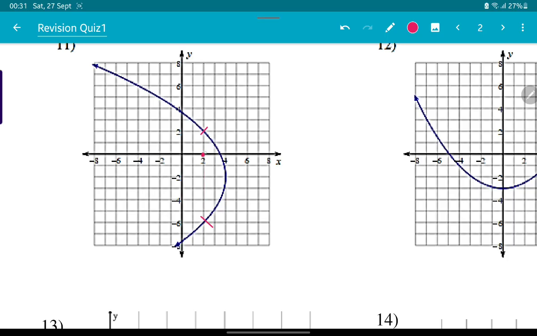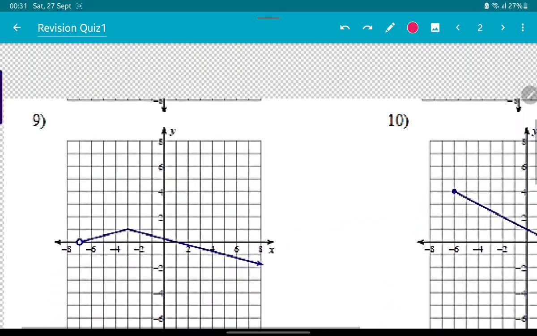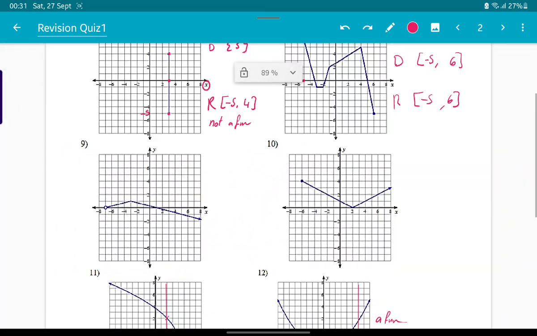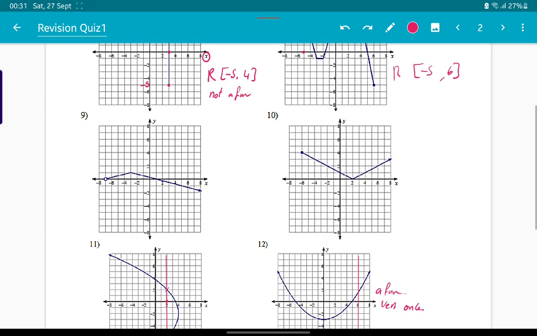Like you see, the 2 has 2 different outputs, or the 3, or whatever. So the vertical line test intersects with the graph more than once. Let's go back to number 9 because we have done 7 and 8.